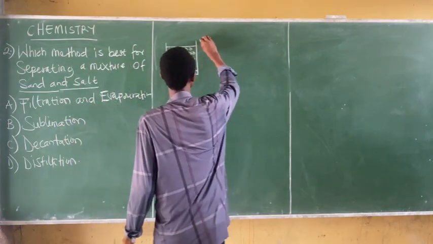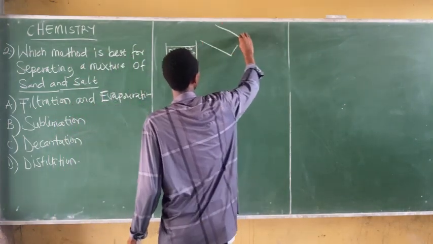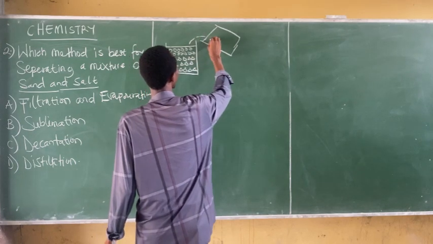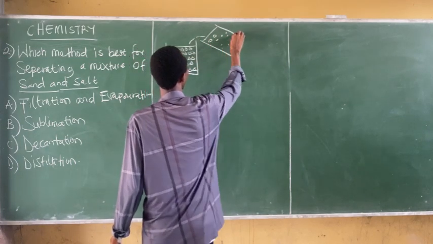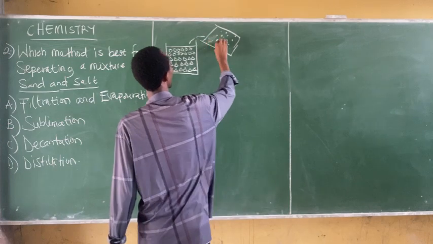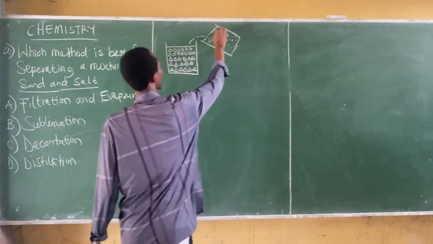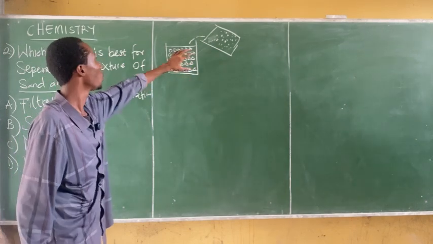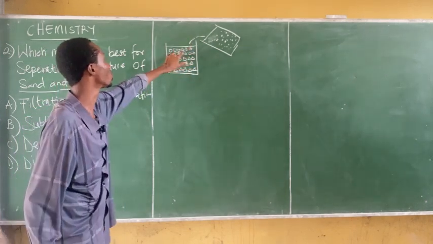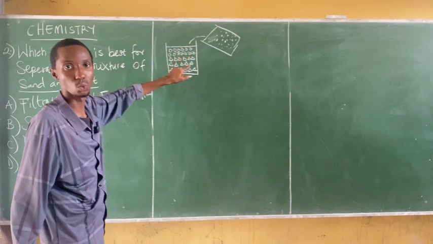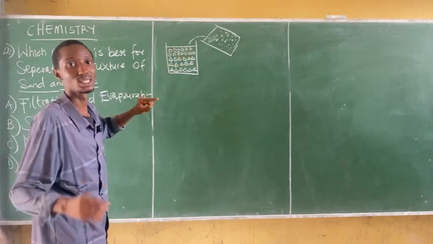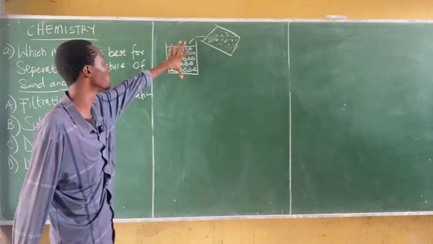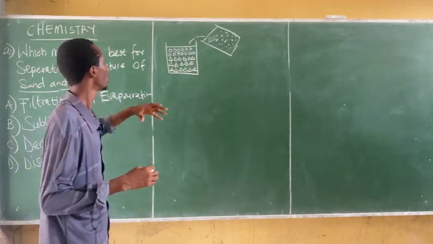Let's assume this is a jar of water. We add water to this mixture. Now, the water we added to this mixture is going to dissolve the salt in this water. Don't forget, sand is insoluble. Sand will not dissolve. The only thing that will dissolve in this mixture is the salt.